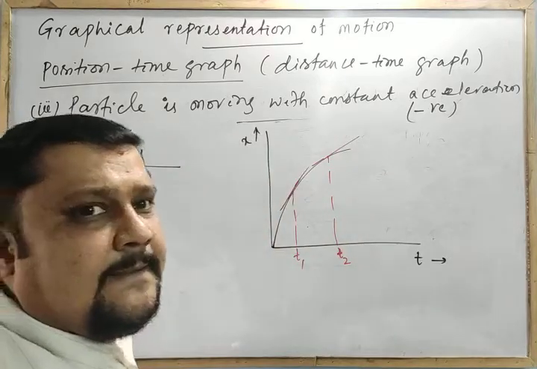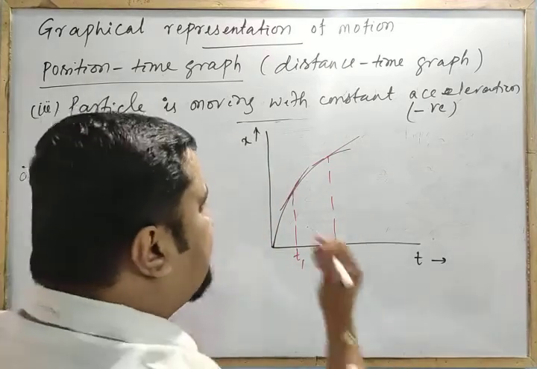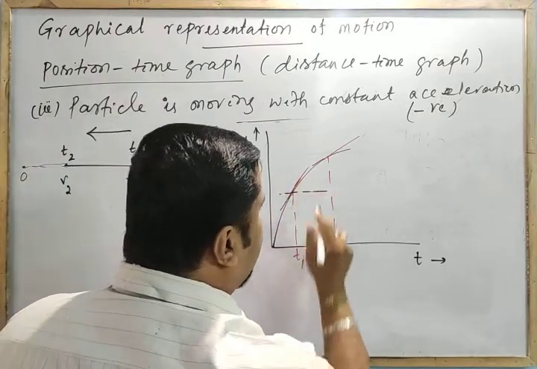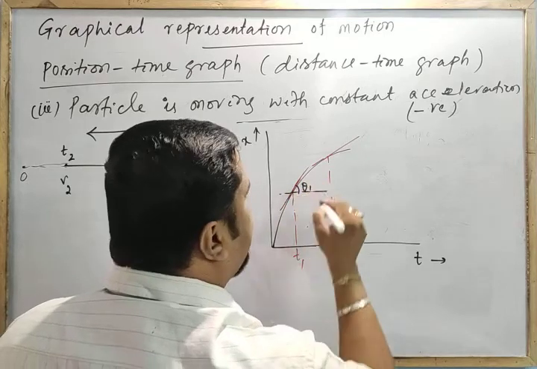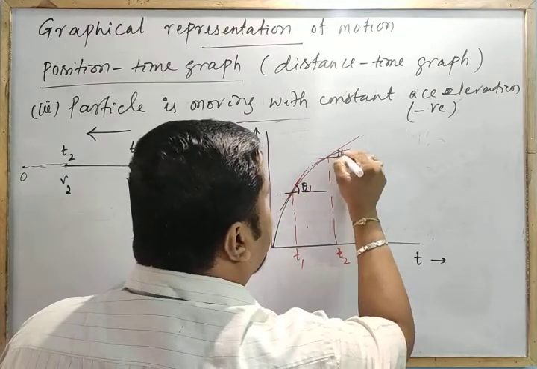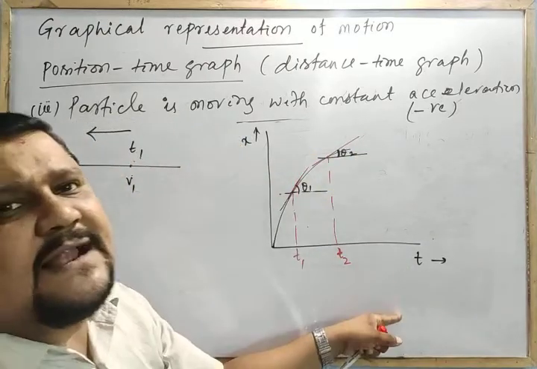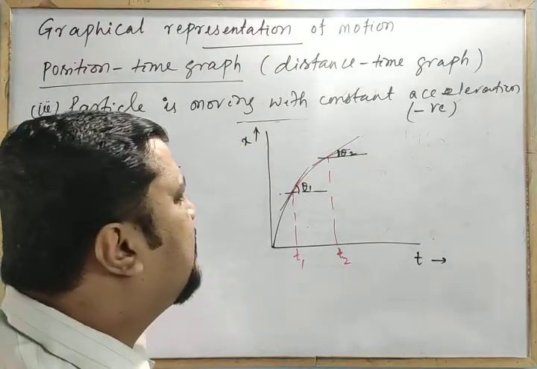Now you see here, take a tangent at this point, then draw a line parallel to the time axis. Suppose this is your theta1, then theta2. How much inclined is this line with the time axis? That will be the slope.